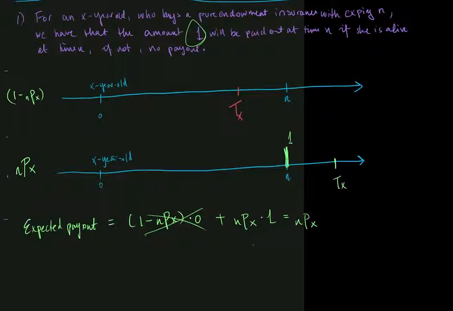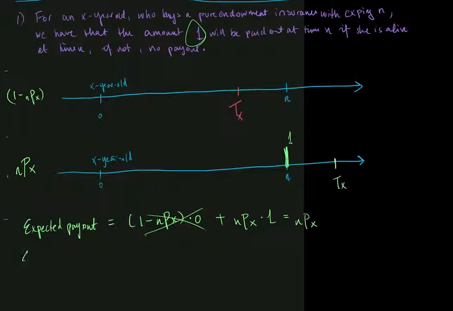Now we can ask one more question. The NPX in expected payout is not paid out now at time 0, it is paid out in N years. So the present value of that is different, right?